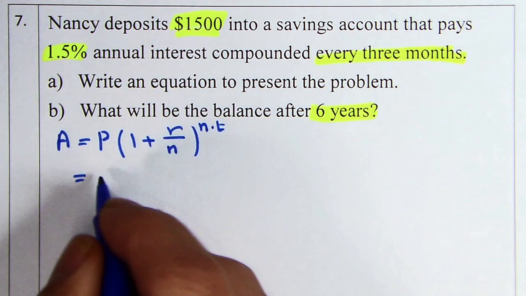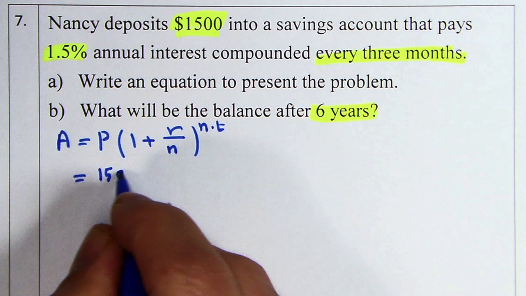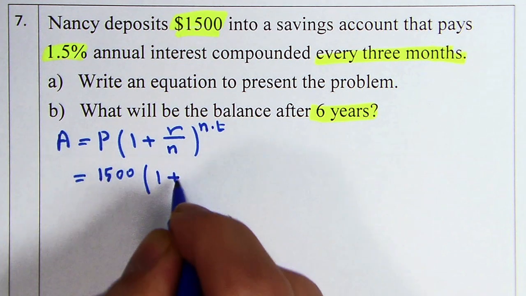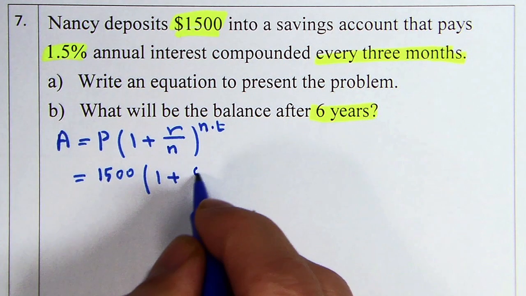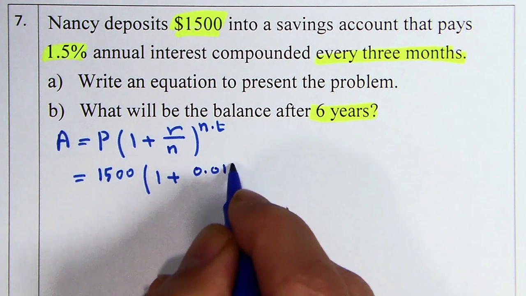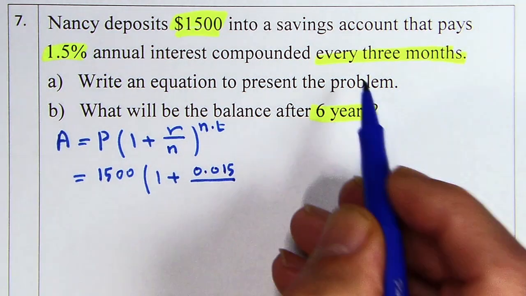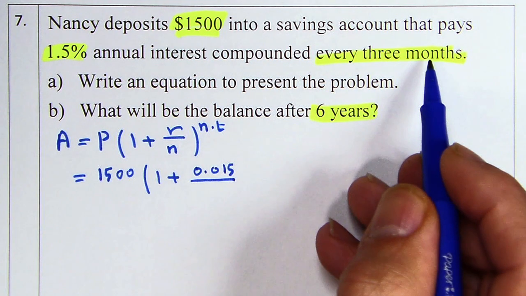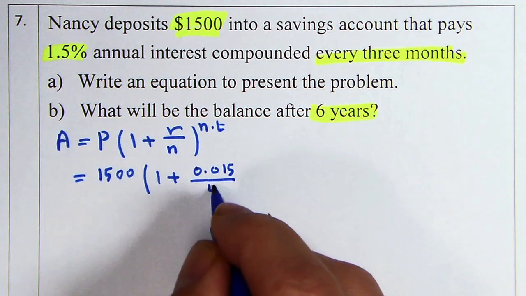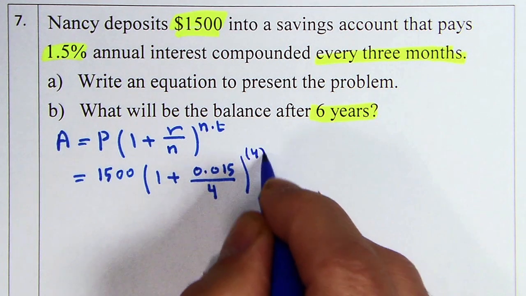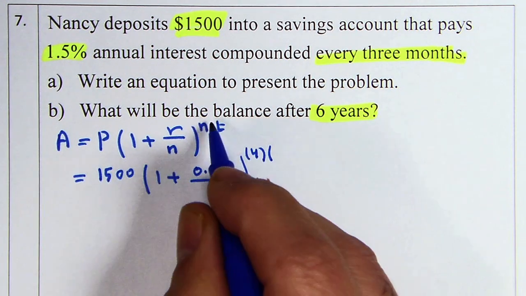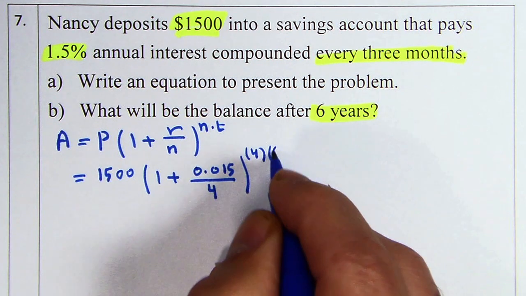We're starting with 1500. 1 plus the interest rate written as a decimal is 0.015. Since we're doing it every 3 months, that's 4 times a year. So n is 4, to the power 4 multiplied by the number of years, t, which is 6.